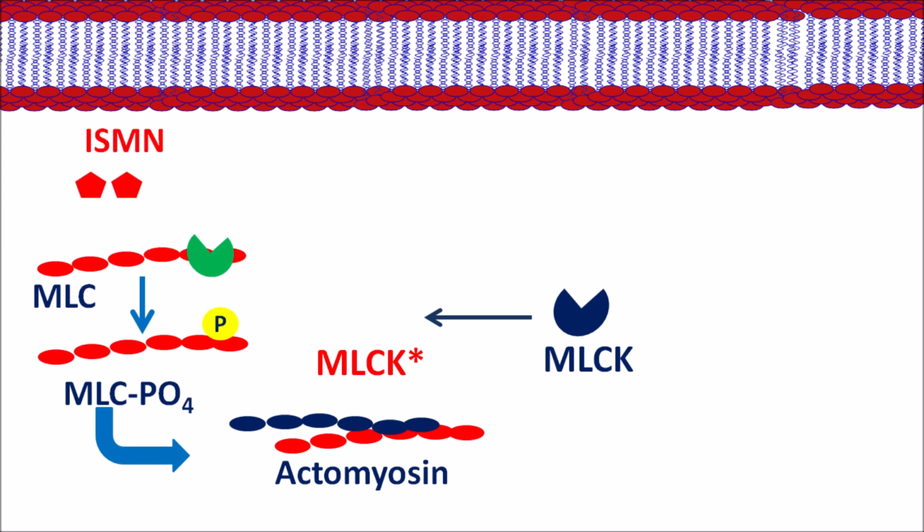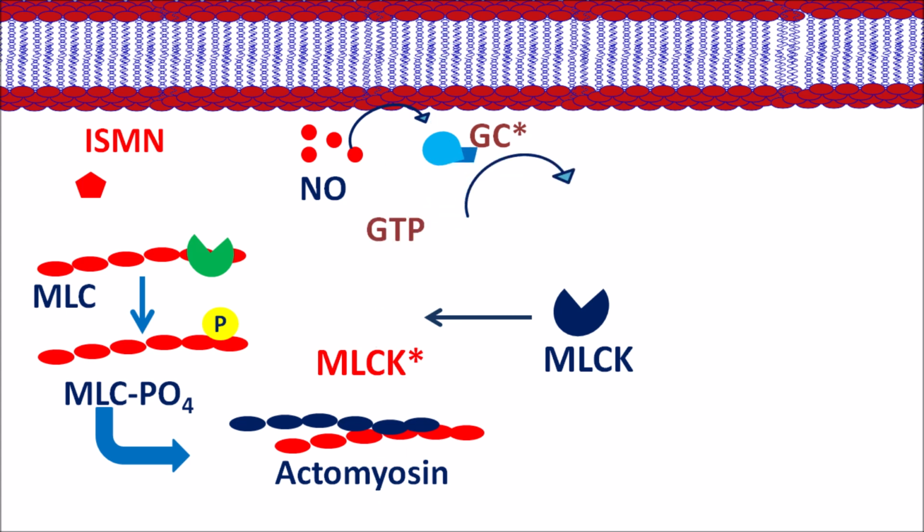Now ISMN acts as a vasodilator. It can release nitric oxide, such that this nitric oxide can stimulate the guanylyl cyclase system. This GC can act on the GTP such that GTP is converted into cyclic GMP. Now this cyclic GMP acts as an important secondary messenger.